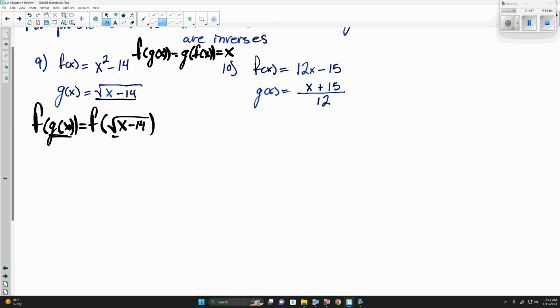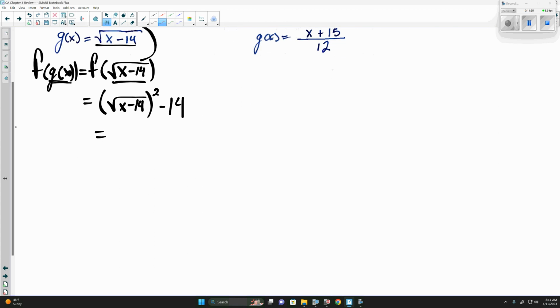At this point here, we're going to plug the square root of x minus 14 into x, which tells us we have the square root of x minus 14 squared minus 14. Luckily for us, the square root and the square will cancel, telling us x minus 14 minus 14 is equal to x minus 28. So our f of g of x is x minus 28.